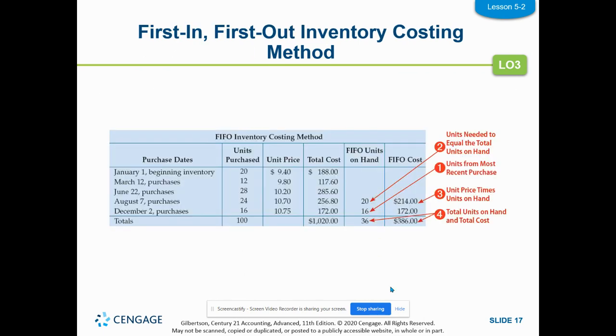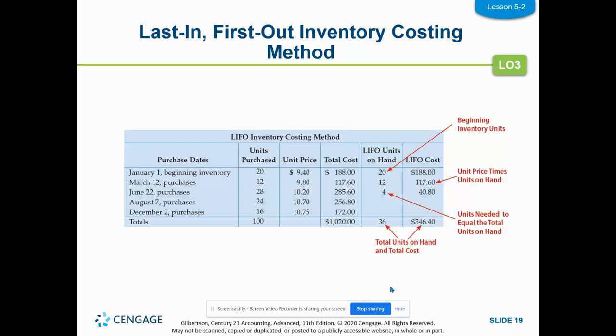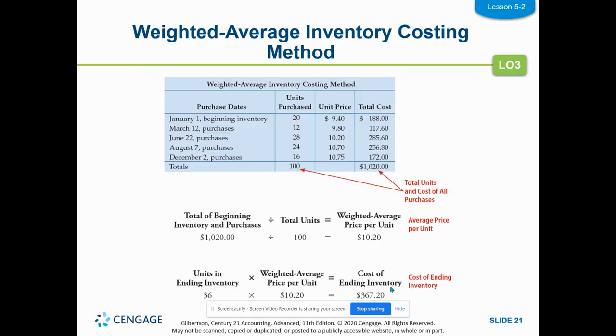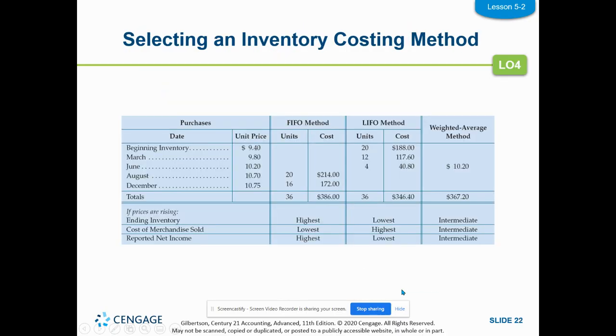So in this example, our first in, first out method was 386. This one was 346.40, and this one ended up as 367.20. So they all give us different methods. So this is where we look at where it's best to select that inventory method.